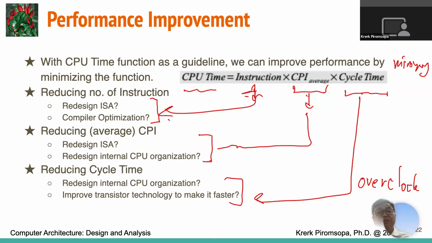So when someone says he does overclock, that means they try to put faster clock into the CPU, which it may fail, because the CPU may be designed to work at, I don't know, 2 gigahertz.